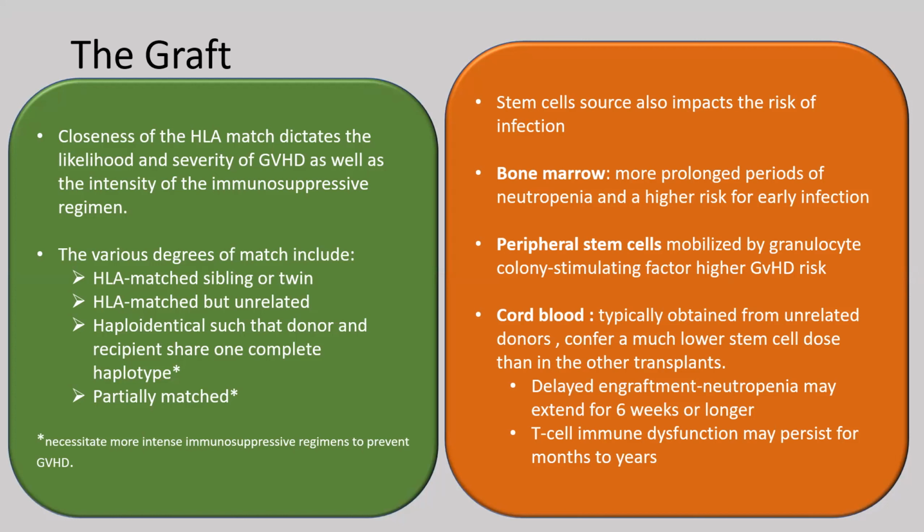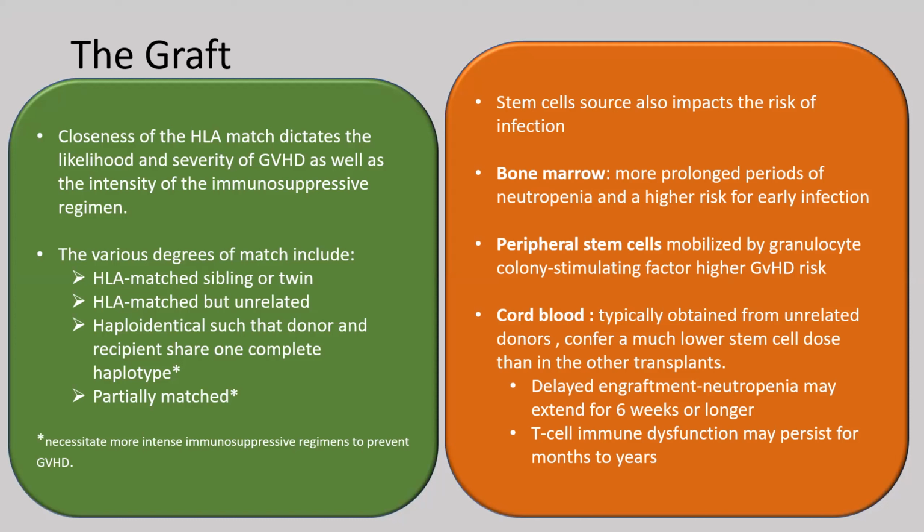So the stem cell source also may impact infection, amongst other things. So the bone marrow, so patients undergoing actual bone marrow transplant have more prolonged periods of neutropenia and a high risk of early infection. Whereas patients that receive peripheral stem cells are actually at a higher risk for GVHD.